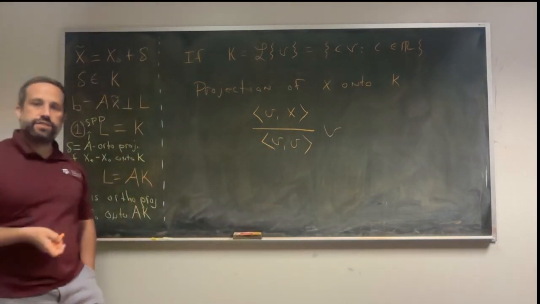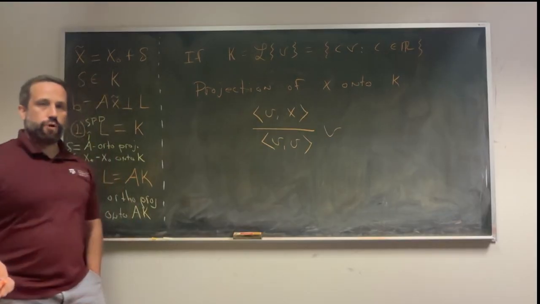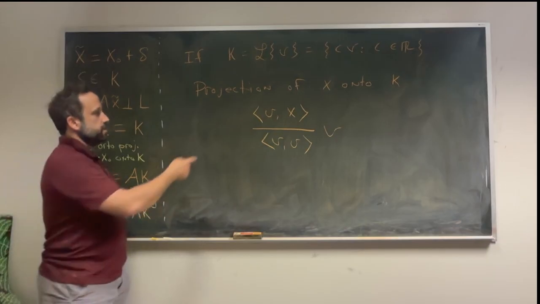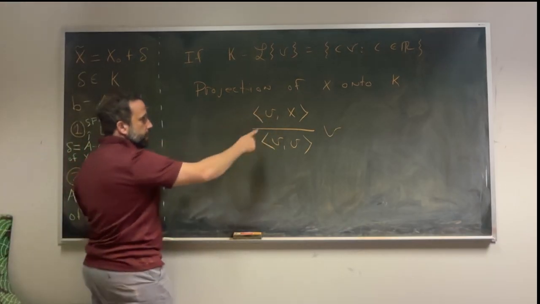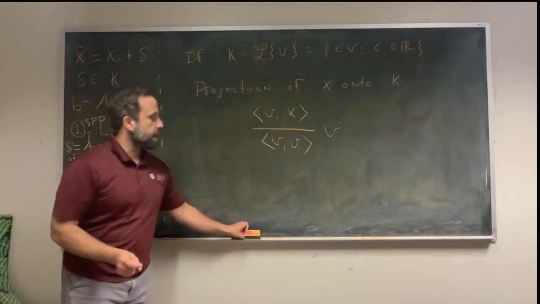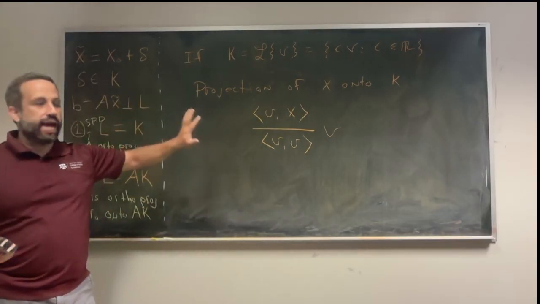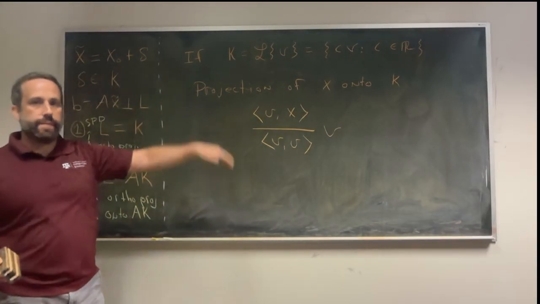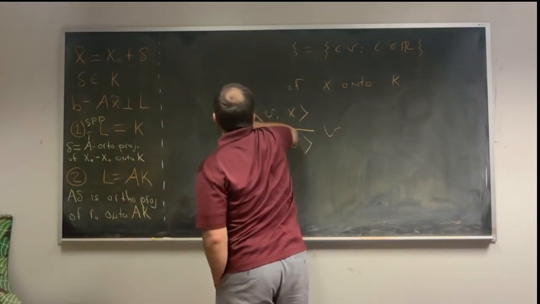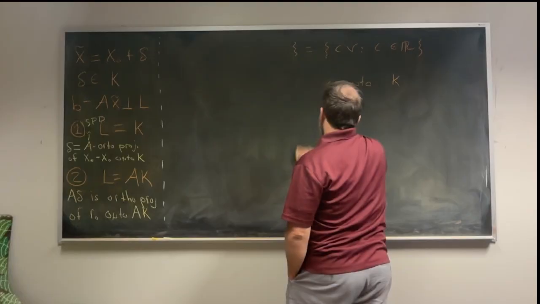Again, this is true no matter what inner product we're dealing with. If it's the A projection or the standard projection, this is the formula, but the inner product could mean different things. Keep that in mind. This is a very standard thing that you learned a long time ago, probably in a Calc 3 class, or maybe even in Calc 1.